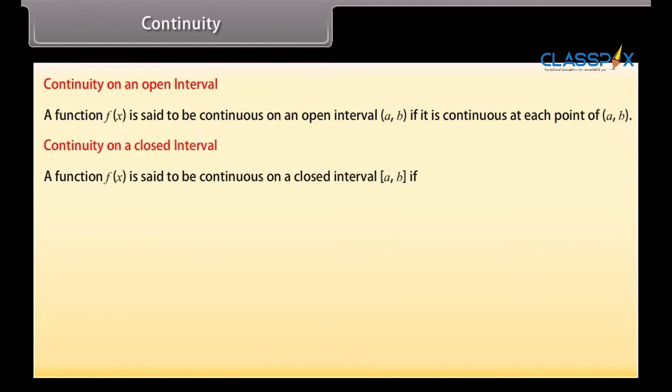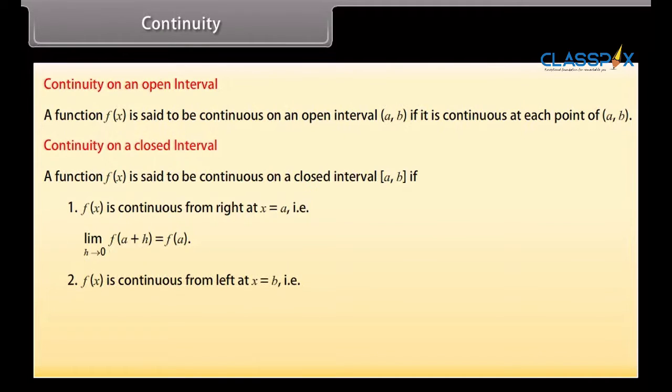A function f of x is said to be continuous on a closed interval a, b if: 1. F of x is continuous from the right at x equal to a, that is, limit h approaches 0 of f of a plus h is equal to f of a. 2.